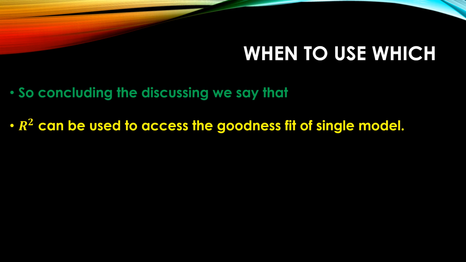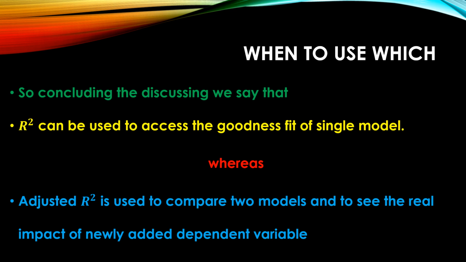It will provide you the percentage of variation explained in the dependent variable due to linear relationship with the independent variable. Whereas if your objective is to compare two or more models, you have to see the real impact of newly added independent variables. Under such a case, you should go for adjusted R square, and adjusted R square is the answer to your question under this situation.